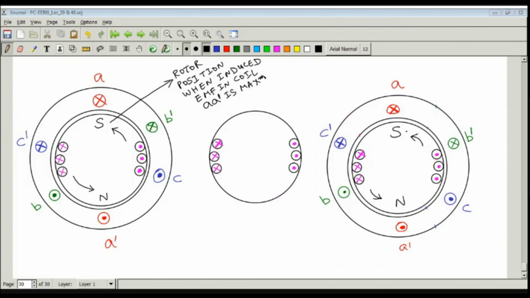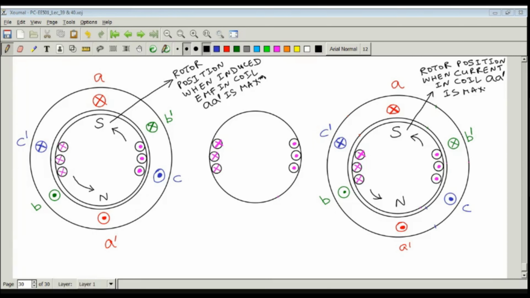So this is the rotor position when the current in coil AA dash is maximum.